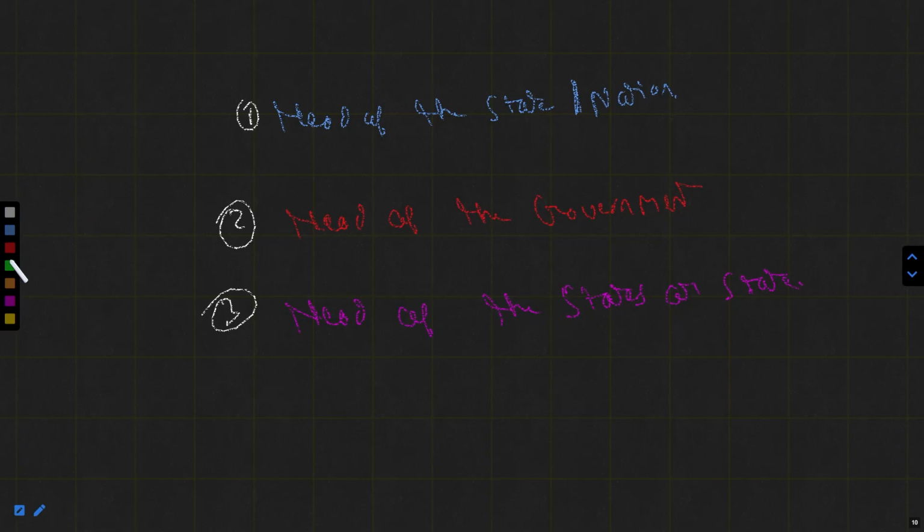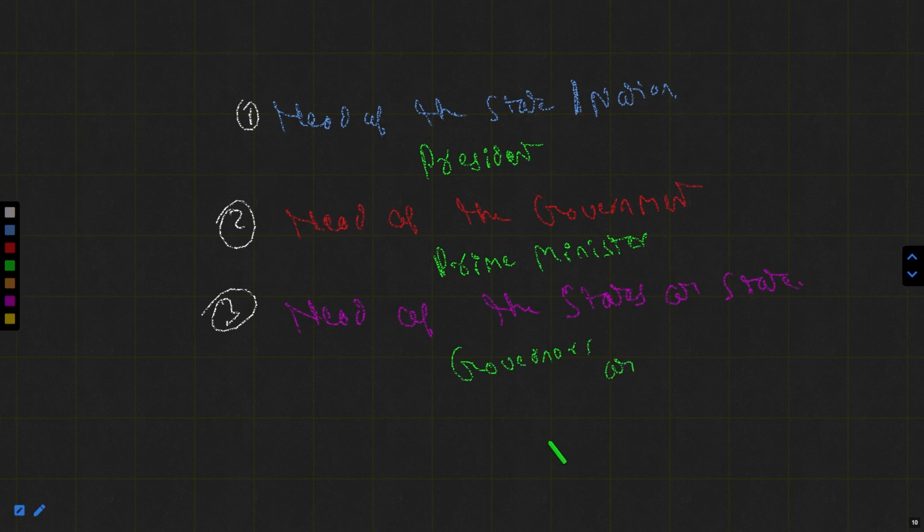So basically, the head of the state or the nation is the president. Remember this thing. The head of the government is basically the prime minister. Remember this thing. The head of the state is basically the governor, whom you sometimes also call lieutenant governor.